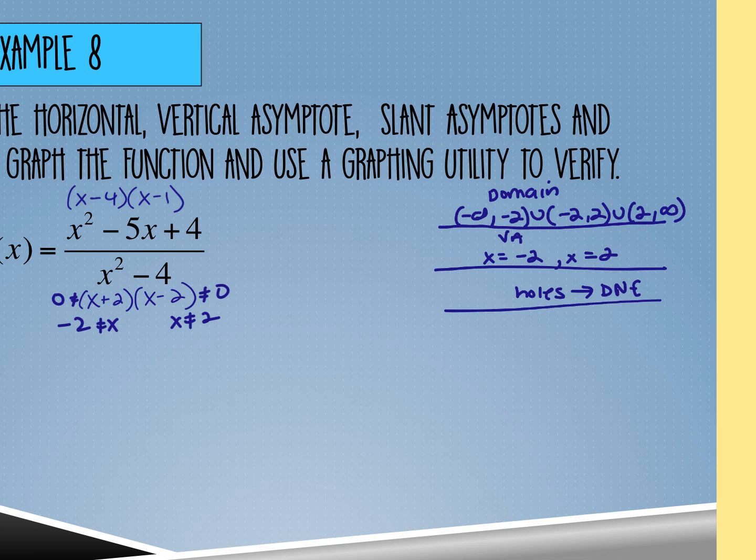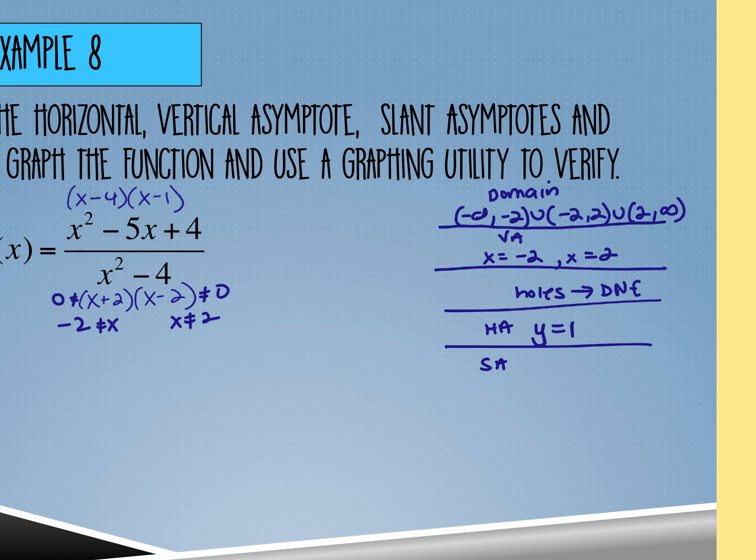My horizontal asymptote. What's the relationship between the exponent in the top and the exponent in the bottom? They're the same. So the horizontal asymptote is y equals 1: leading coefficient of numerator over leading coefficient of denominator. What happens if the coefficients are different?